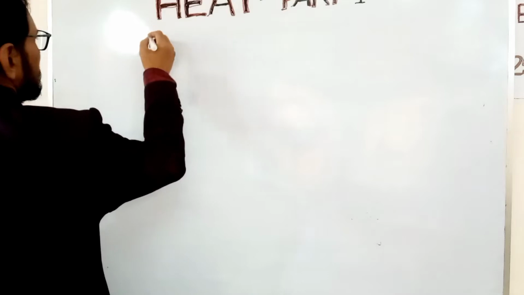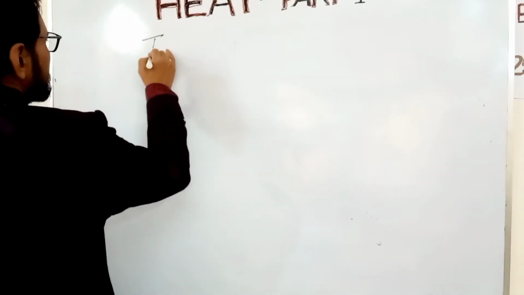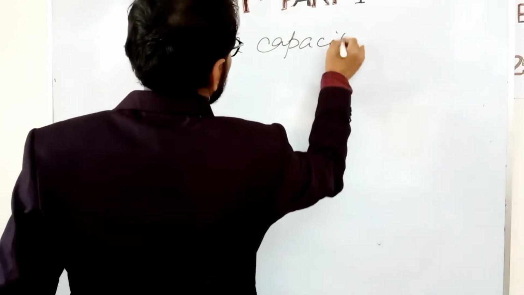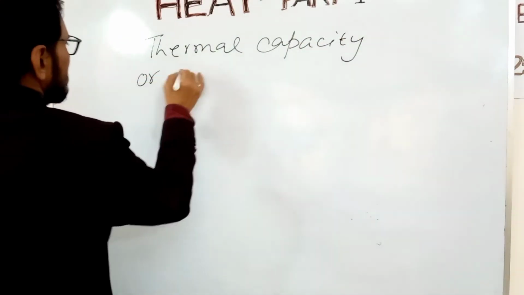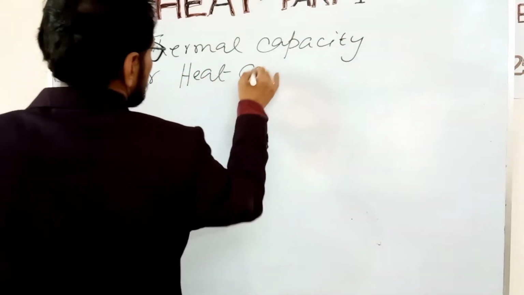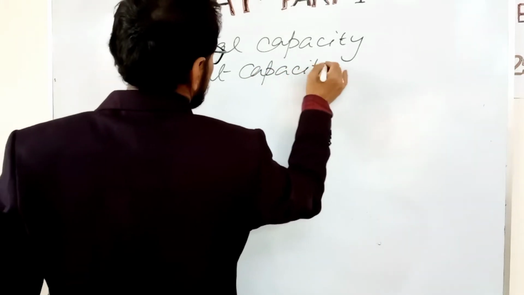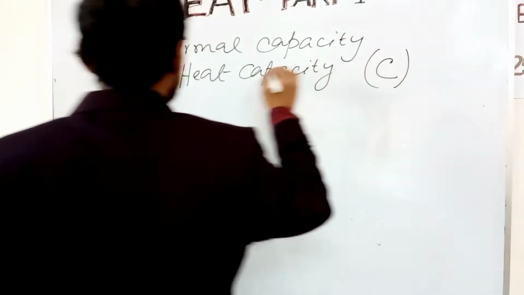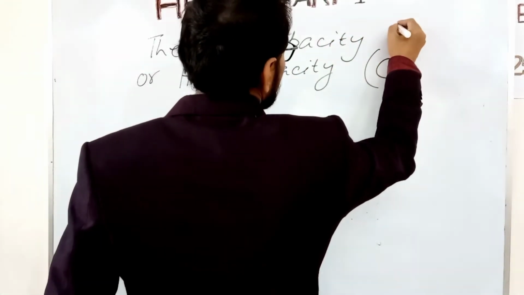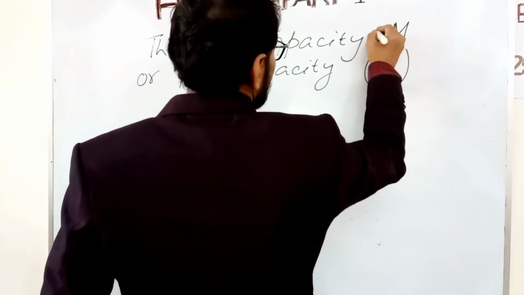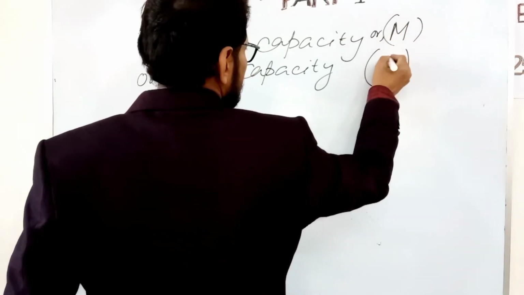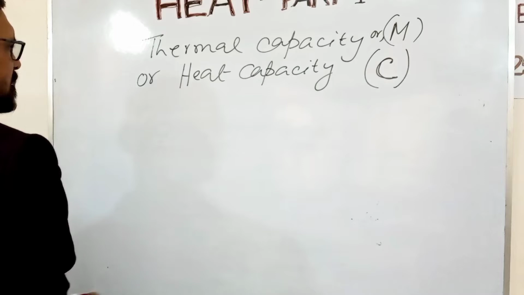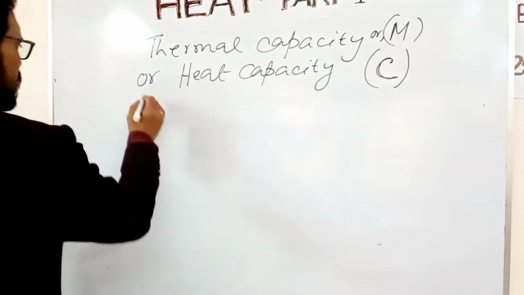Next term is thermal capacity or heat capacity, denoted by capital C, or sometimes by capital M or C. What is it?